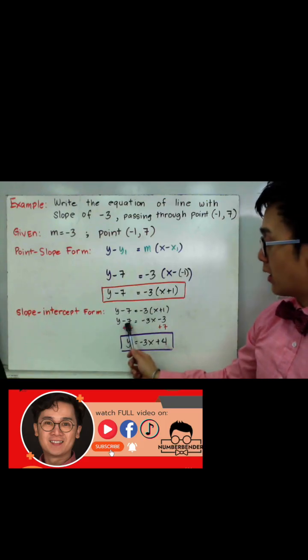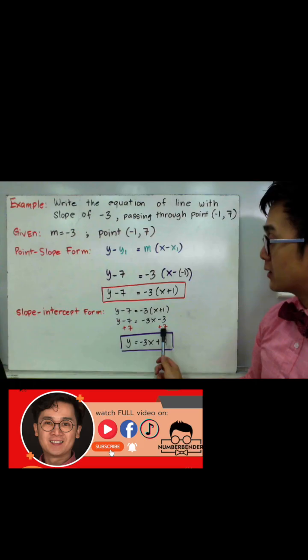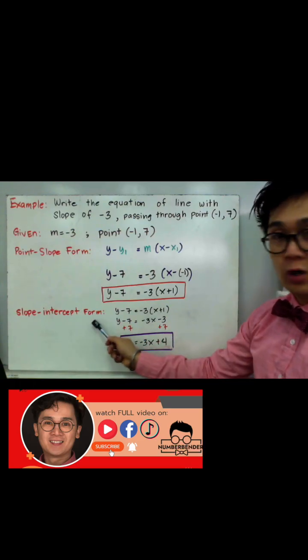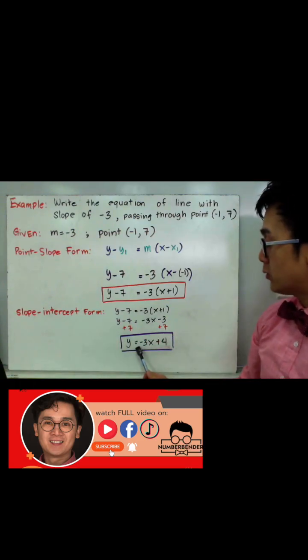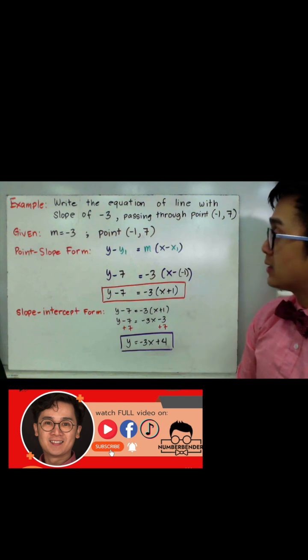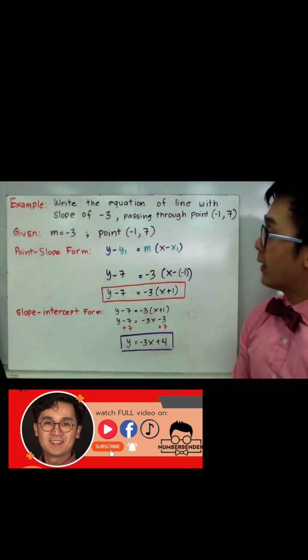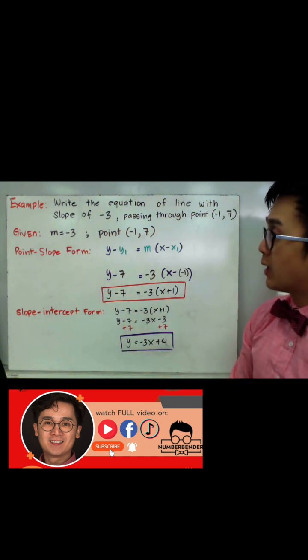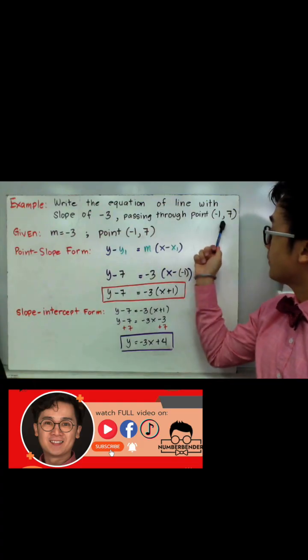Now, to get rid of -7, add 7 on both sides so we can change it into the slope-intercept form of the line, which is y = -3x + 4, where the slope is -3 and the y-intercept is equal to 4. And this is how we use the point-slope form in writing the equation of a line given a point and given a slope.